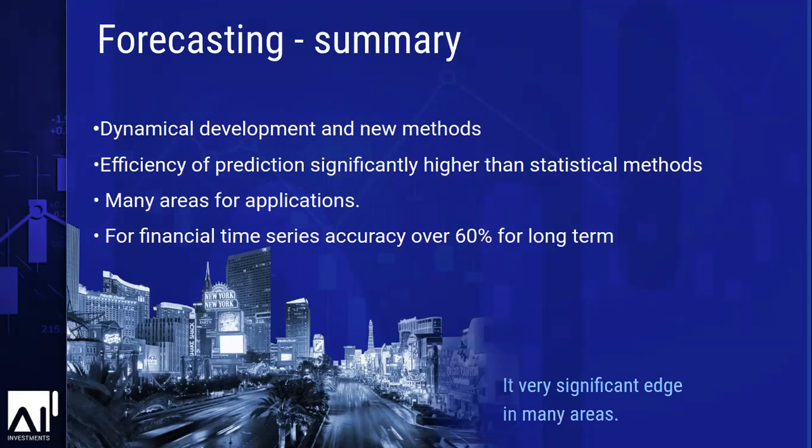So we need to predict financial time series, which are very difficult to predict because they have a high level of noise, non-stationarity, heteroscedasticity, and so on. So it is very difficult, but with the presented methods, we can achieve 60% accuracy for longer term prediction.